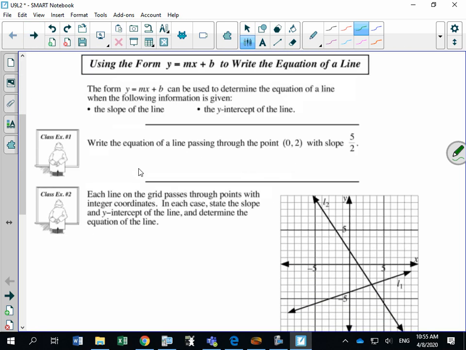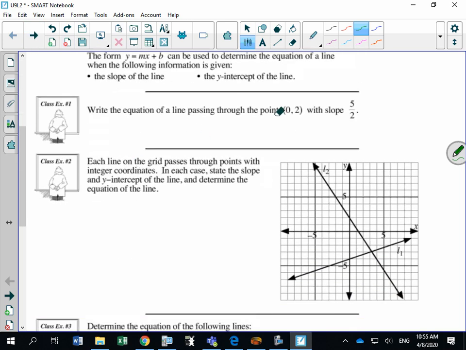Number 1 says, write the equation of a line passing through this point here. So that's my x value and that's my y value. What's the equation of a line? y is equal to mx plus b. They want the equation written in this form, and it has this slope here.